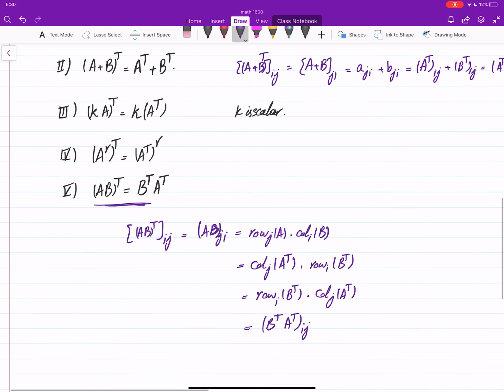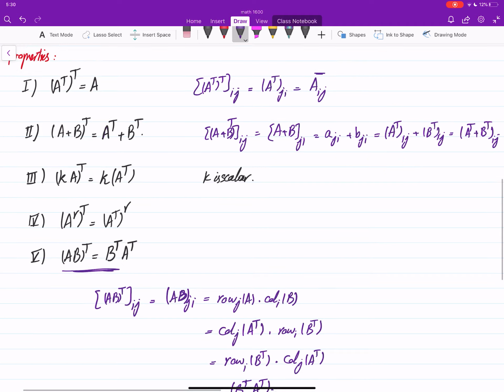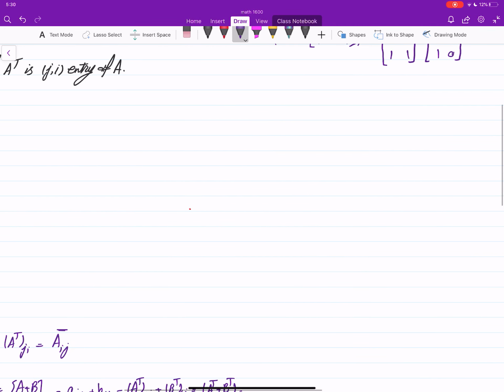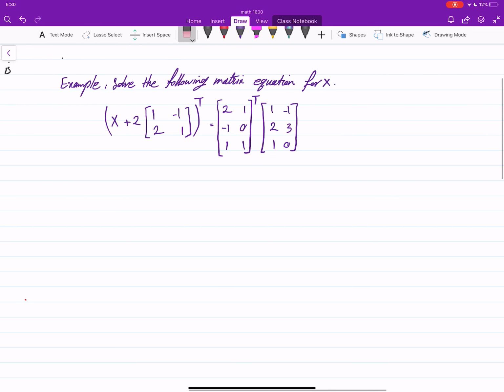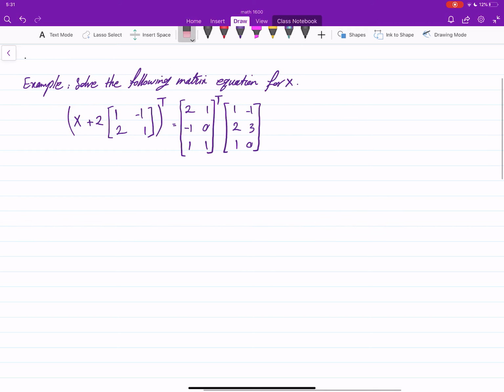This is the important property that you should keep in mind. Okay, so let's use these properties and do an example, which is solving a matrix equation for x. We have a matrix equation here, and we want to solve it. There is a transpose up there.